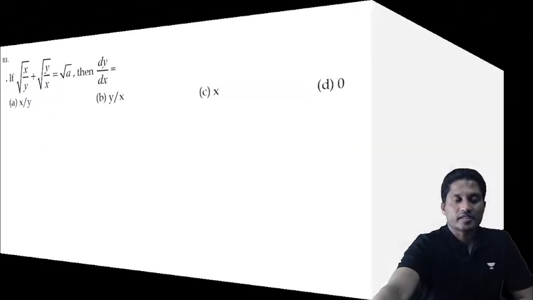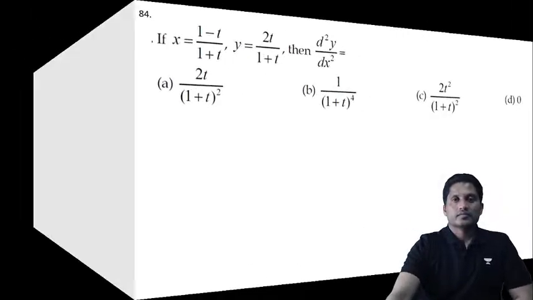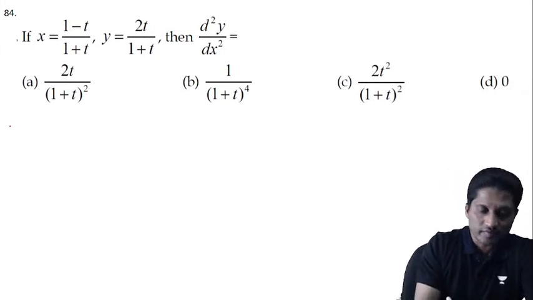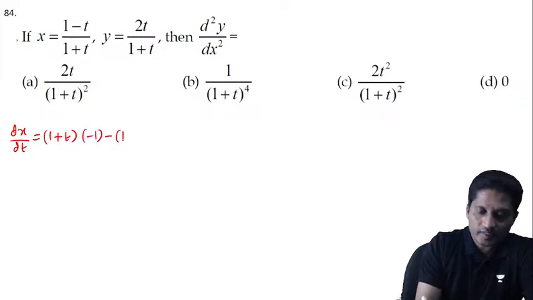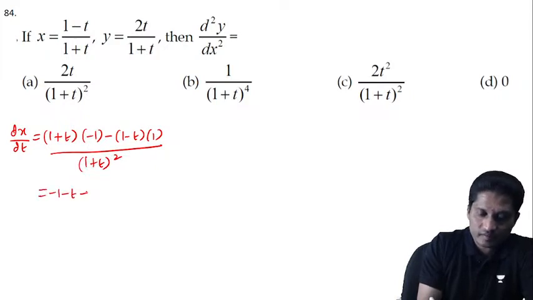Right, let's move to next question. If I use u by v here, dx by dt is equal to, this is v into u dash minus u into v dash divided by v square. This is (minus 1 minus t, then minus 1 plus t) by (1 plus t) the whole square. Right, minus t plus t will cancel.